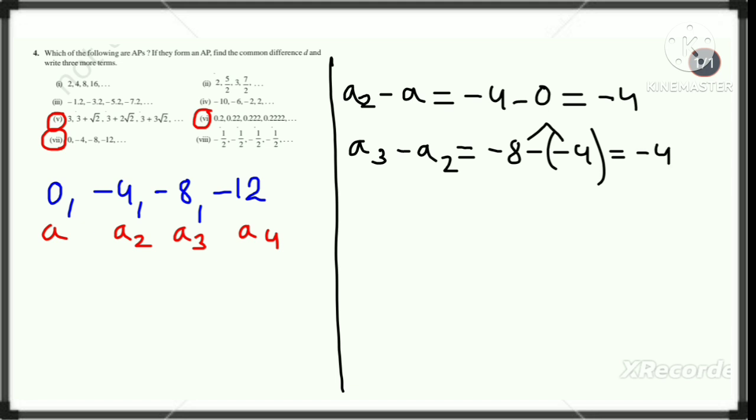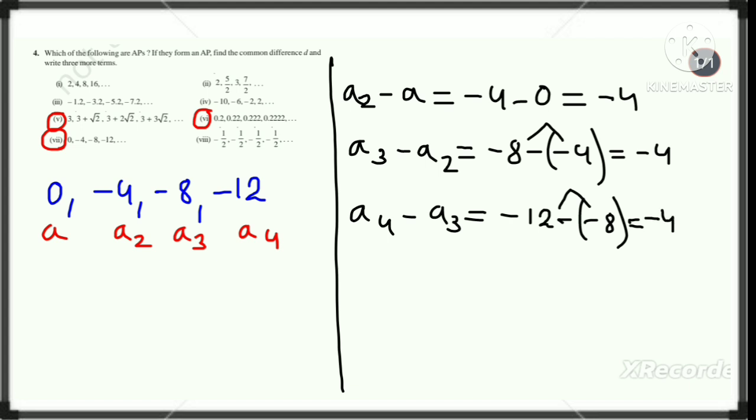Now the difference between A4 and A3. A4 equal to minus 12 minus A3 equal to minus 8, and here also minus into minus is plus, and plus 8 will get subtracted from minus 12, and then we obtain again the difference between A4 and A3 is minus 4.